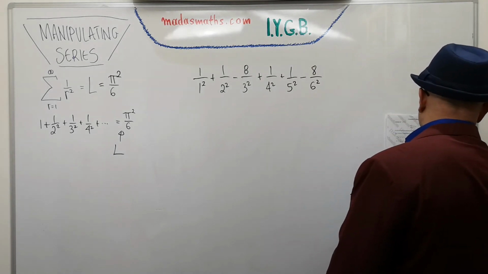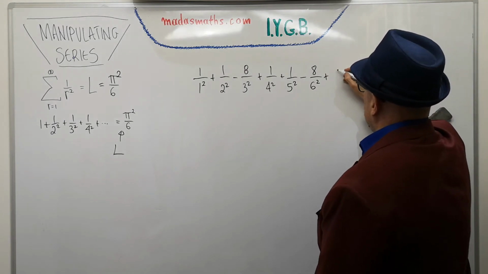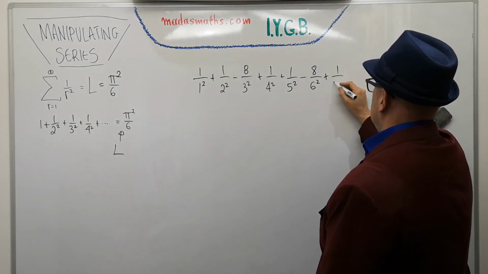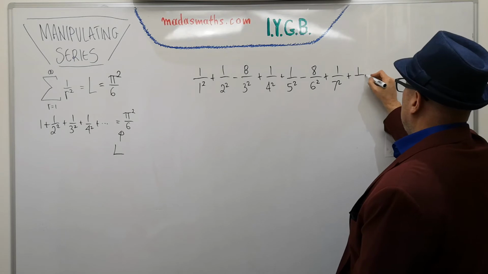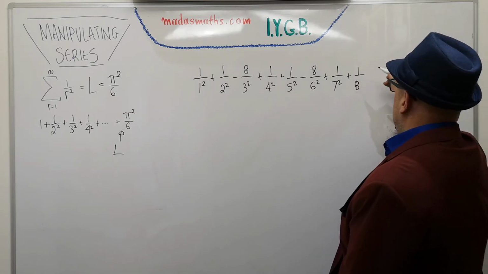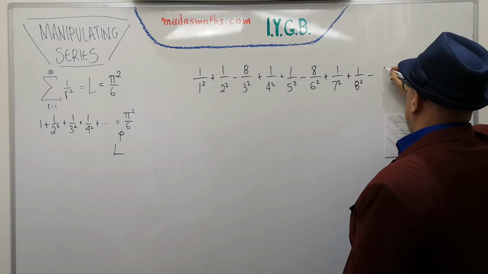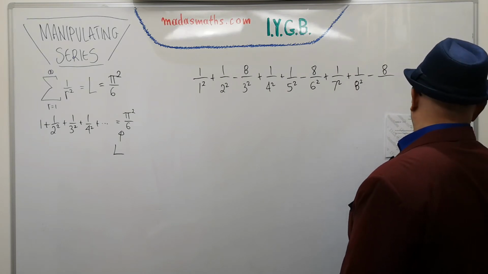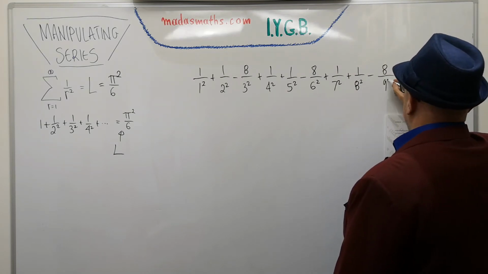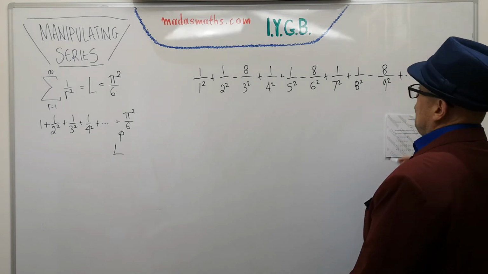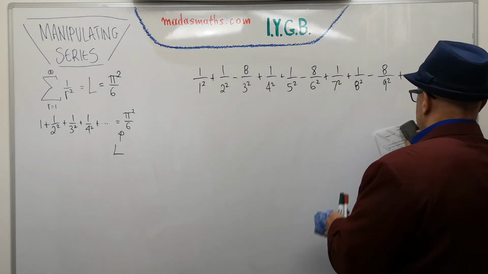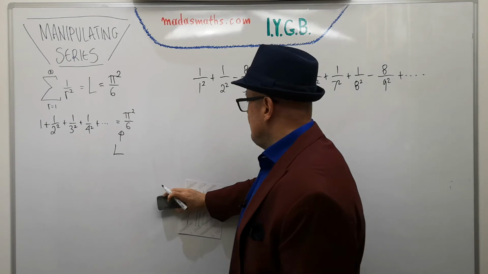I'm just checking that I'm following the pattern correctly, and I think I'm getting the idea now of what the question is asking. So two more terms, 7, 8, and then minus, and then it's 8 again on the top, and now is 9 squared plus ... forever. So this is what we are being asked to find in terms of L.